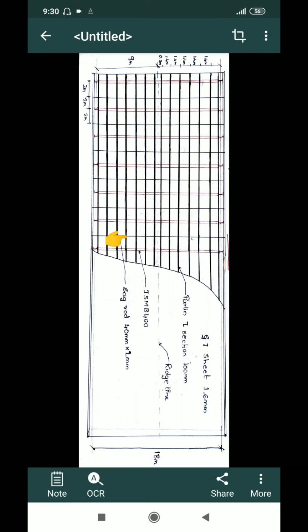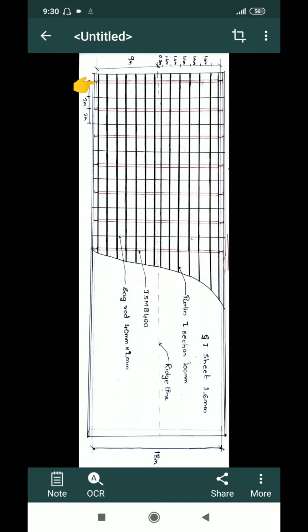So for this beam it is not necessary to provide a bar or a secondary beam to hold the loads, but it is necessary to provide one so that the sheet does not deflect because of wind flow. So for this I am providing sag rods which are 40 mm width, 2 mm thickness, and the length of the entire span, you can say the entire plan dimension.